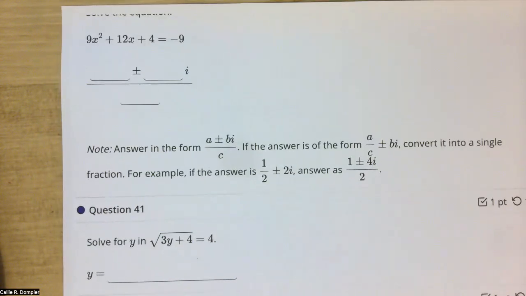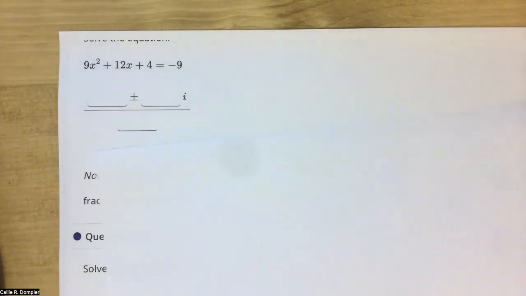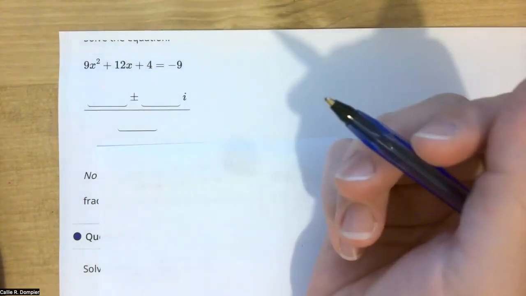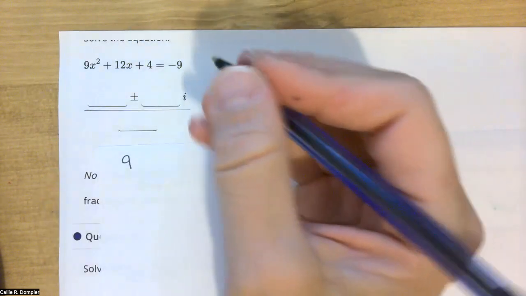Number 40. We can't read it, but it just says solve the equation. 9x squared plus 12x plus 4 equals negative 9. So first step would be to, because this is a quadratic formula answer, right? First step would be to get everything equal to 0.